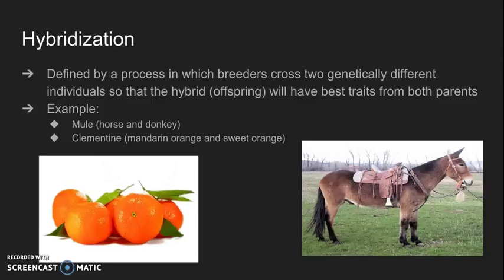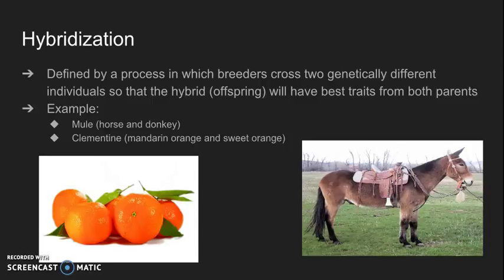I have a couple of examples here that might make this make a little bit more sense. The first one is the mule, which I have a picture of here. The mule is actually a result of a horse and a donkey mating. The resulting offspring would be the mule.